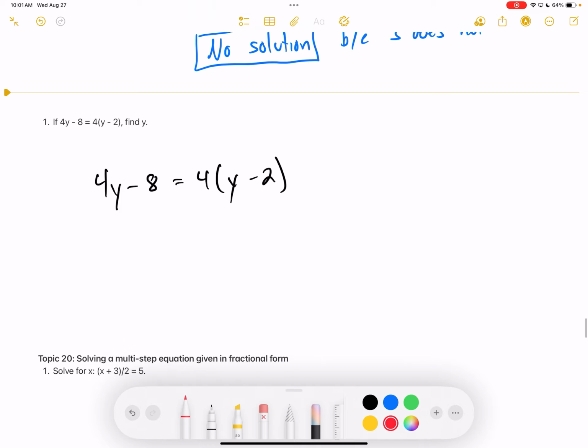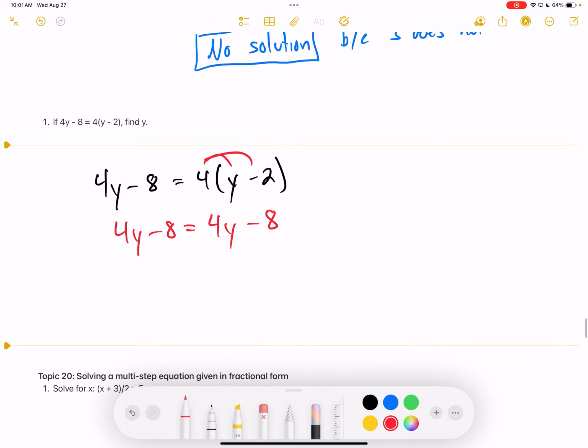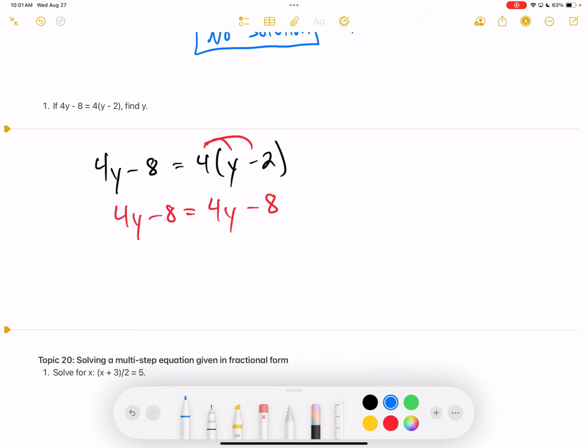On this one, we want to distribute the 4, so I get 4y minus 8. 4 times y is 4y. 4 times negative 2 is negative 8. So when I go to combine my y's, I subtract 4y from both sides. Well, again, they both cancel out. So I get negative 8 equals negative 8.